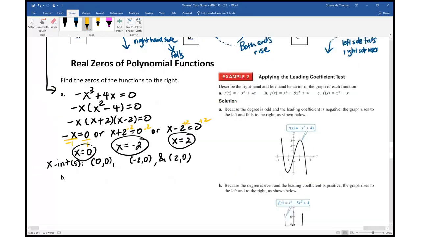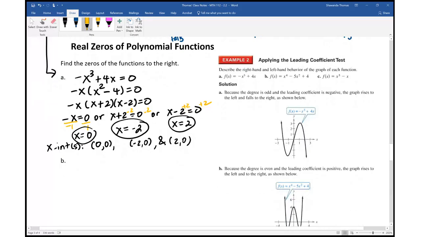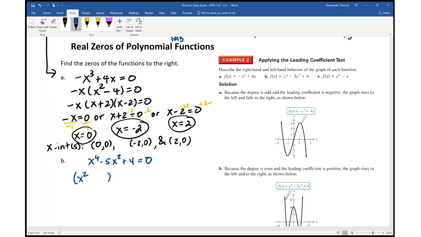All right, let's move on to B, which is x to the 4th minus 5x squared plus 4. We're going to set that to 0. This is a trinomial, and the leading coefficient is 1, so we should just determine factors of C that add up to B. So let's split up that x to the 4th, x squared.